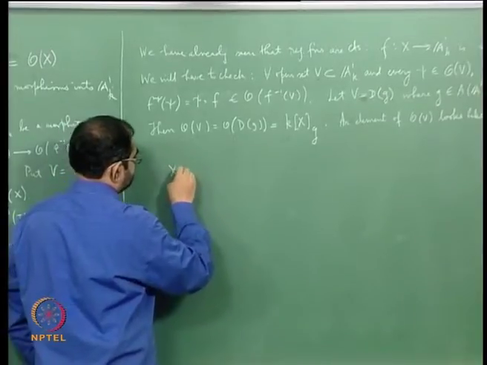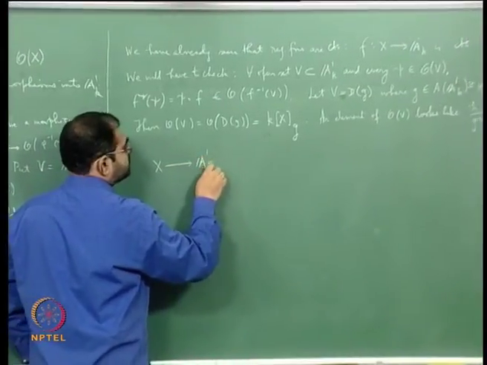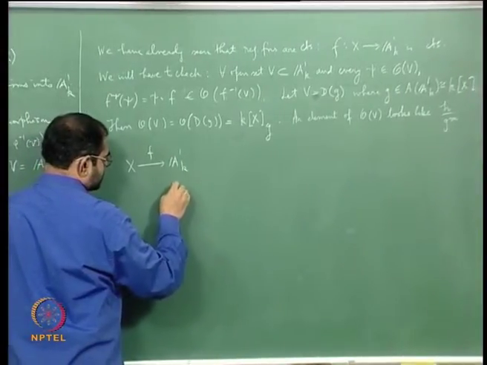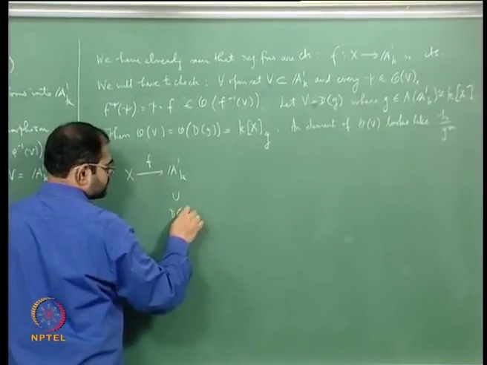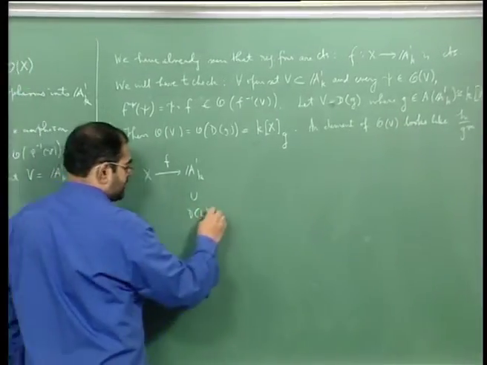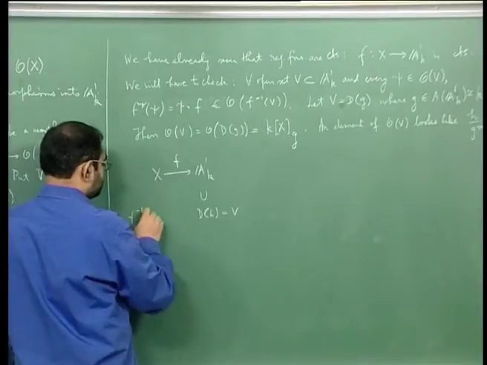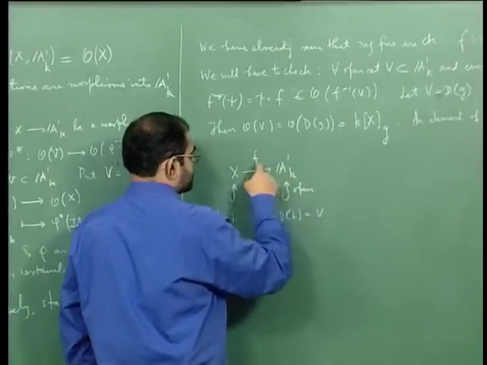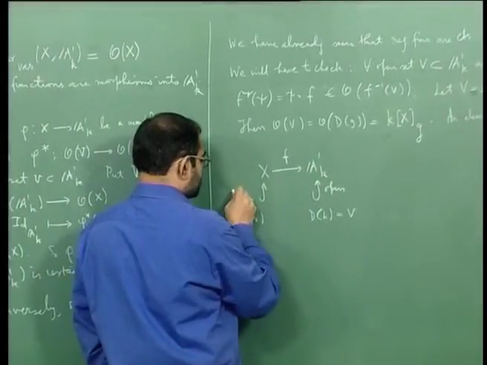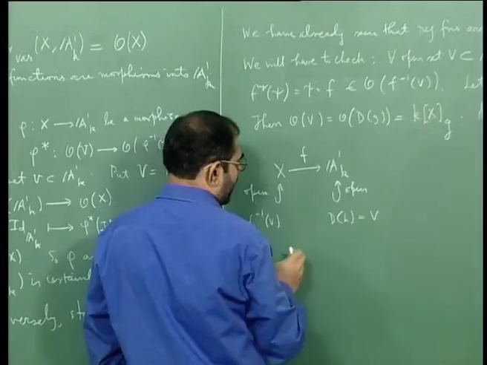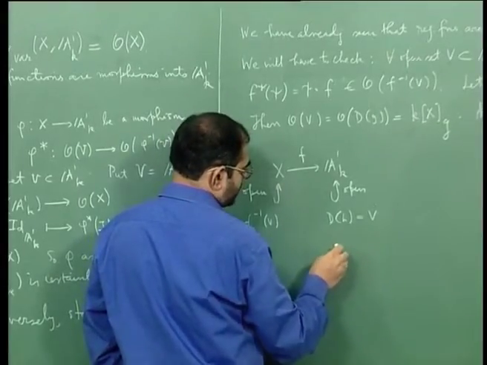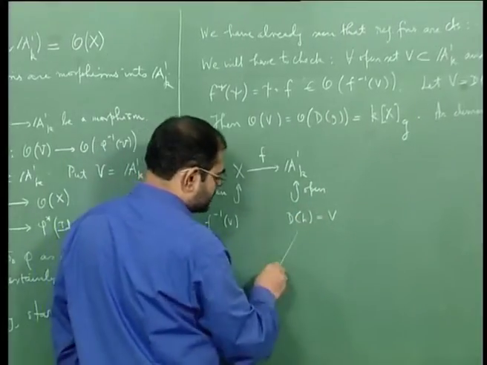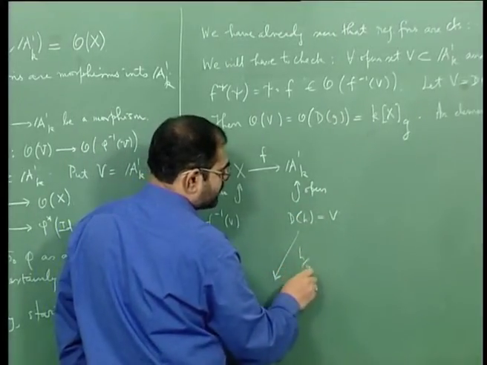So let me draw this diagram. I have X, I have A1, and here is f, and here is D of G, which is my V, and then I have f inverse V. This is open, of course, since f is a regular function, it's continuous, so the inverse image of an open set is open. Then on D of G I have a regular function given by h by G power m.